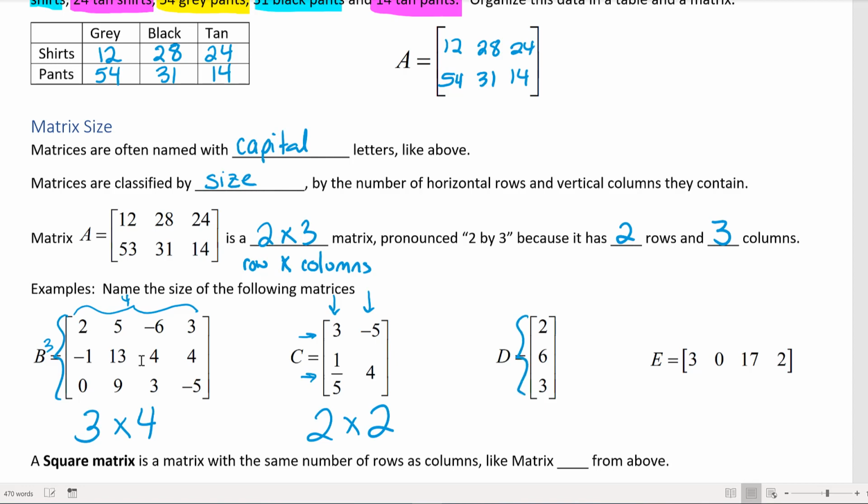Matrix D has 3 rows and only 1 column, so that's going to be a 3 by 1. And matrix E has only 1 row, but it has 4 columns, so that's going to be a 1 by 4 matrix.